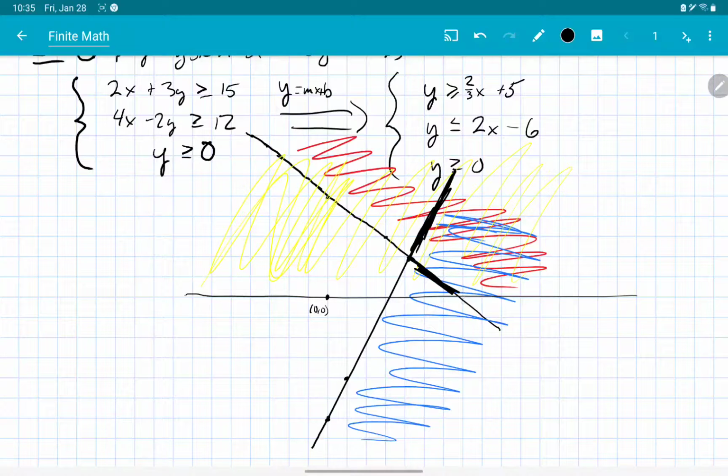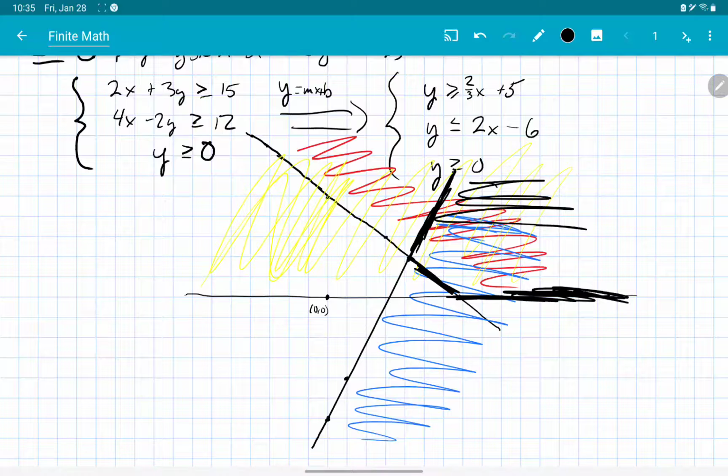I'm going to highlight it with an extra thick black line there. This is the region where all 3 of those inequalities are true. Any questions about that example? You okay?